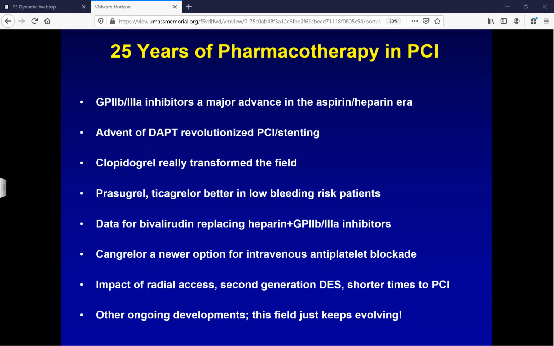So the enemy there, I understand, is bleeding, but if you wait on these patients, which we do all the time in these CABG patients, it will increase the cost of hospitalization, which I don't know if we can balance with Cangrelor cost.